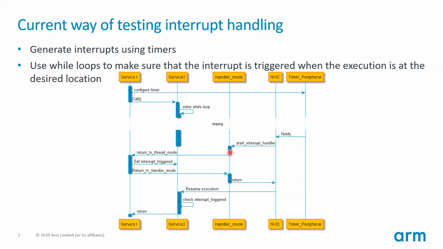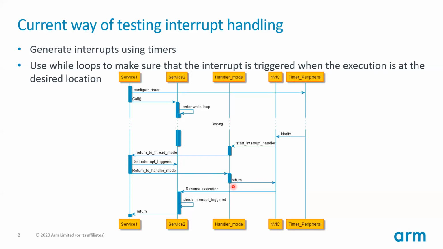The interrupt handler does some lookup in the partition database, selects the secure service 1 that is assigned to that IRQ, and starts the interrupt handler of that service in thread mode. Service 1 sets the flag on which secure service 2 is waiting, and after that returns to handler mode.